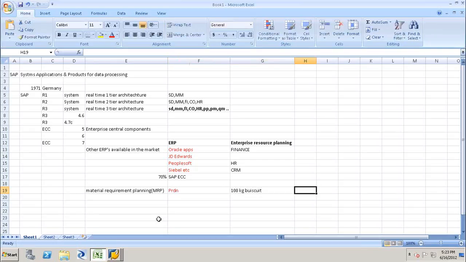So what I will do, on a piece of paper, I will first of all make a note for making 100 kg of biscuit. Let us say I need some 70 kg of wheat flour.